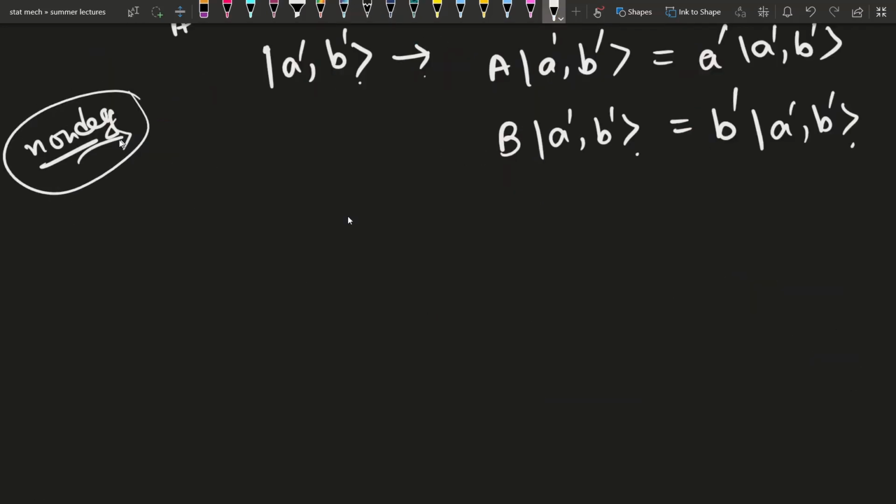What I have discussed here is for the non-degenerate case. Now we'll discuss the degenerate case. The things will be very simple here also.